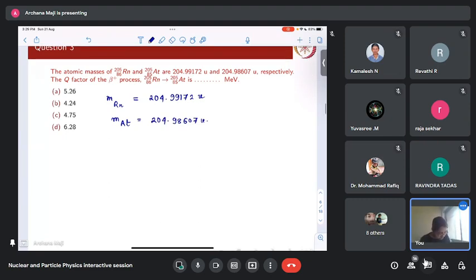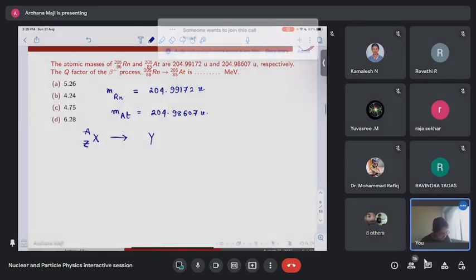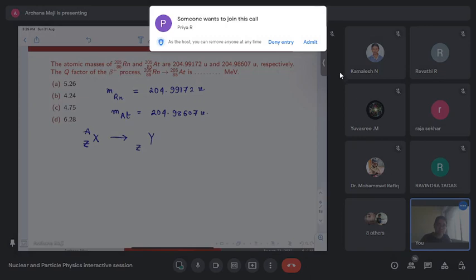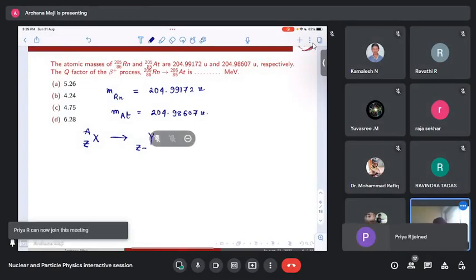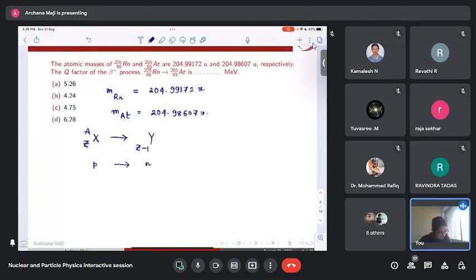Here for beta plus, if we start with the nucleus X with atomic mass A and atomic number Z, under beta decay it becomes, let's say, Y, and here a proton becomes a neutron, so the atomic number decreases by 1, plus positron plus neutrino. So this is the beta plus decay.